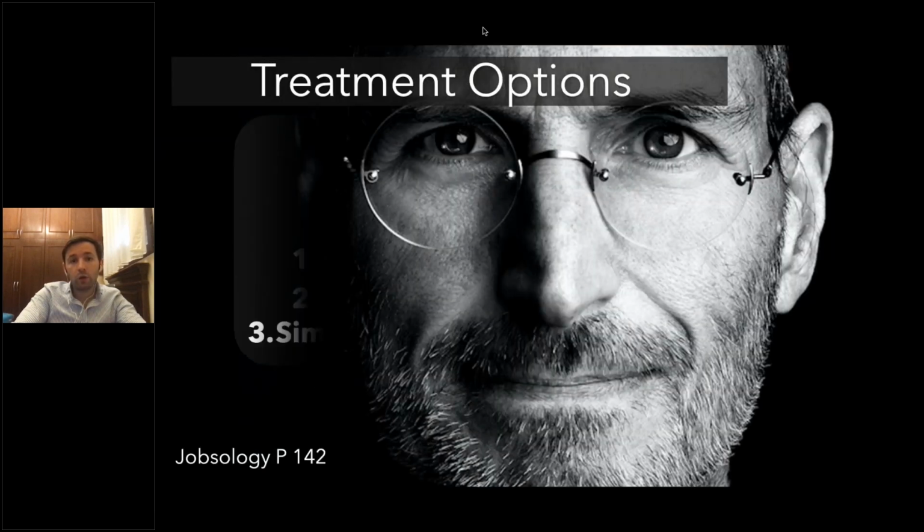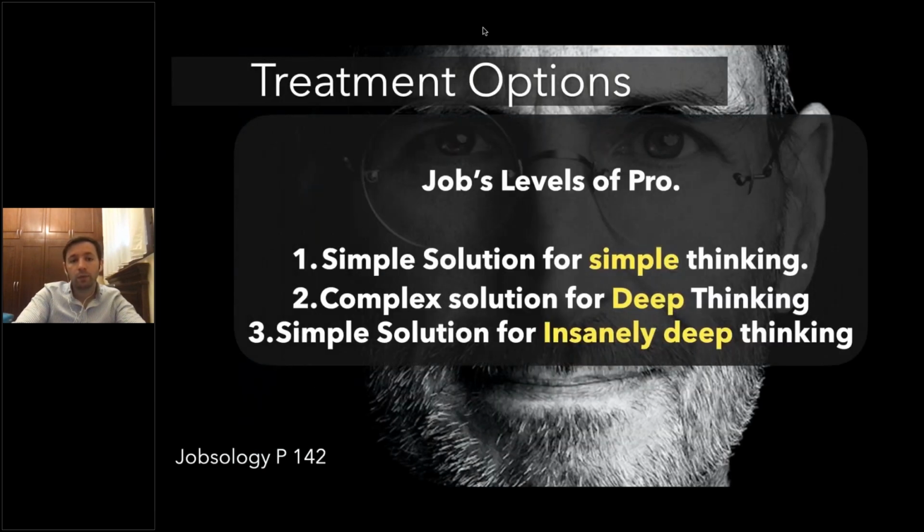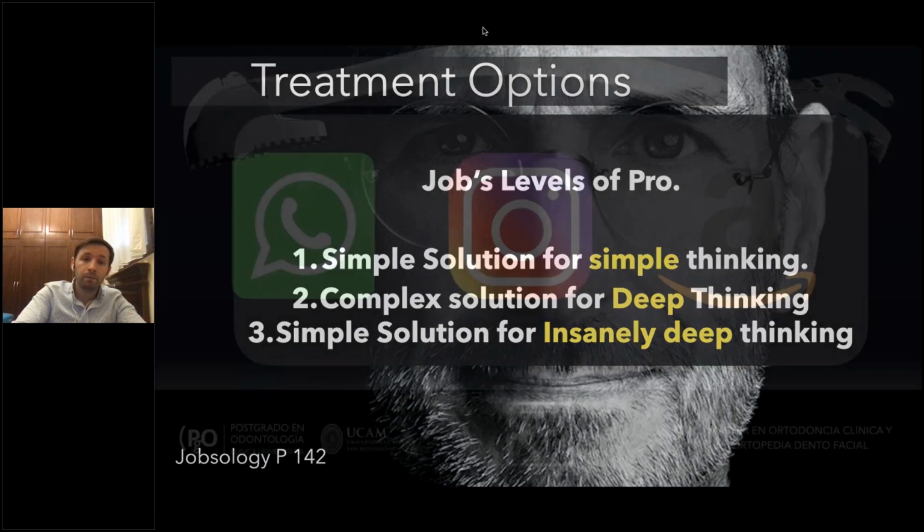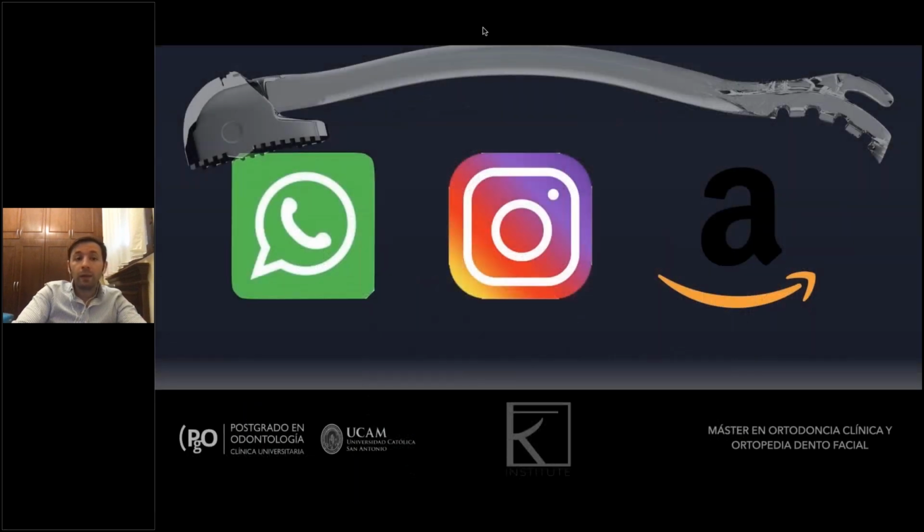And when we offer the option, we need to think about it. When we spend a lot of time thinking about that, we are going to give maybe a simple solution for a difficult problem. And for me, I compare the class 2 motion and the class 3 motion with the best companies in the world, the best apps in the world. Why?